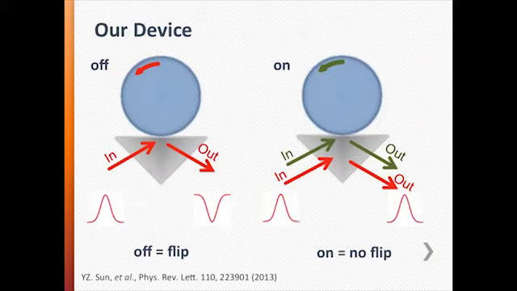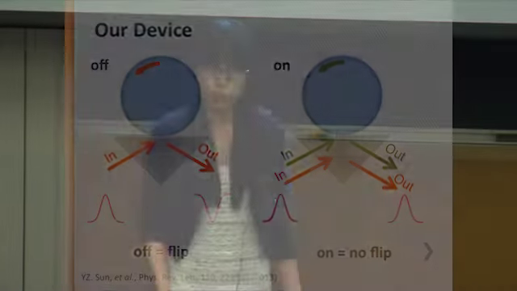So here is our device. We have a disk that is our optical whispering gallery, and the prism is used to couple the light into the disk. The signal photon circulates in the disk and comes out in a flipped state. That is the switch on case. In another case, we send a pump photon to turn the switch off.